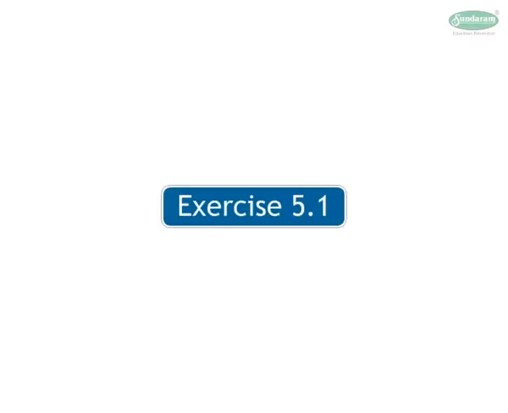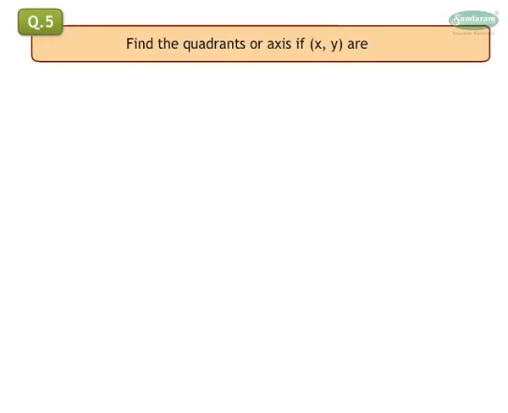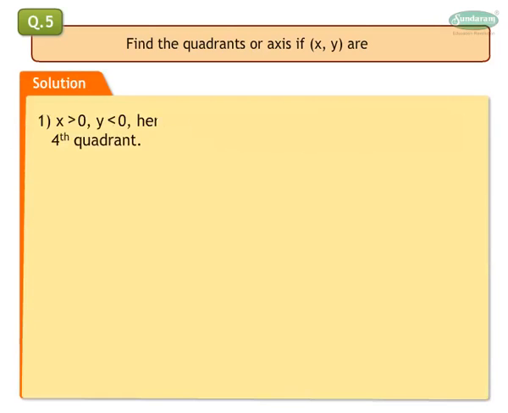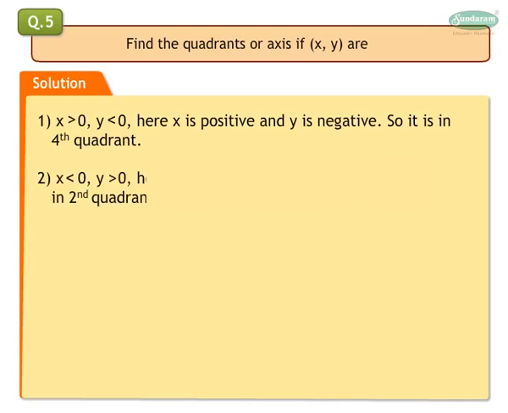Exercise 5.1. Question 5. Let us do a similar sum where the coordinates are expressed as inequalities. 1. x is greater than 0, y is less than 0. Here x is positive, y is negative, so it lies in the fourth quadrant. 2. x is less than 0, y is greater than 0.